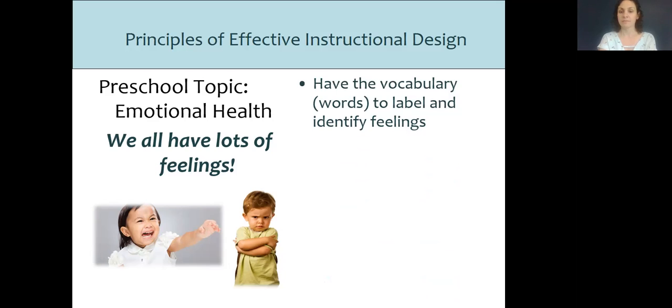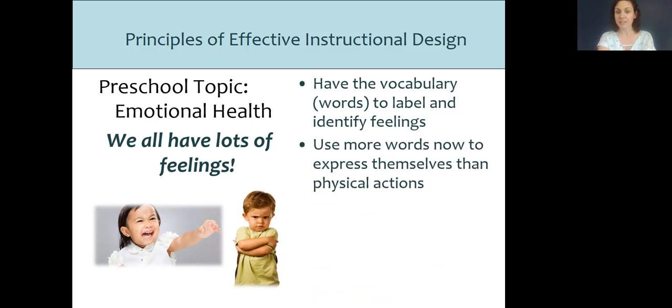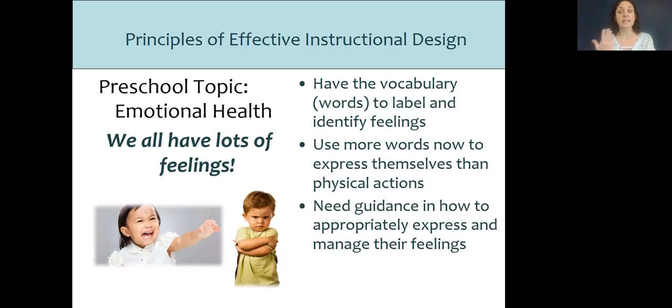I'm not keeping up with my slides here, but preschoolers have vocabulary now to label those feelings. We want them to use their words. We're trying to encourage that more than the physical actions, because as they get bigger, if they continue to express themselves physically, they're going to get hurt, we're going to get hurt, another kid's going to get hurt. So it's important that they make that transition from physical aggression to sharing of their words. But they need guidance.